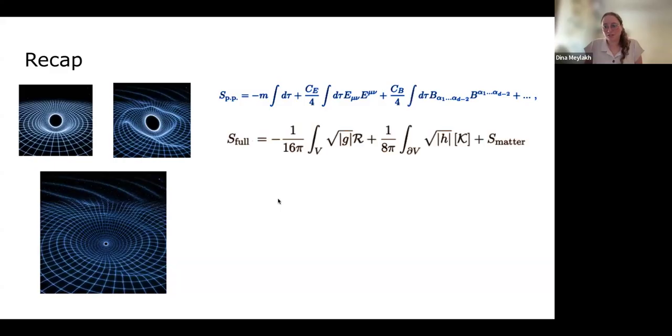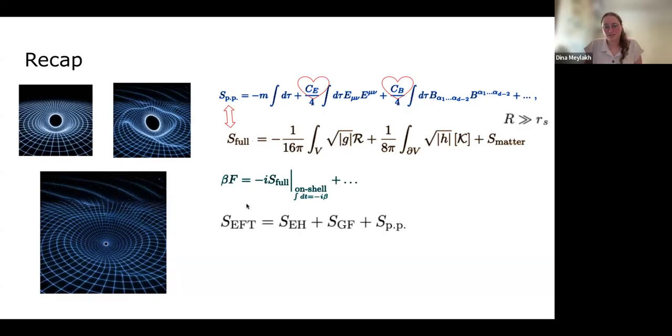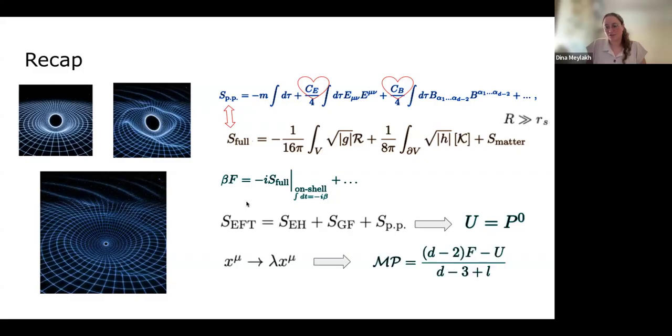Then we inspected the full action far away, and we got it to look like the point particle action, so we could identify the Love numbers. Then we used the fact that the free energy is just the full action on shell, and then we wrote the effective field theory action, from which we computed the internal energy U. We then used the fact that the equations of motion are scale invariant to get the Smarr formula and correct our first law of thermodynamics.